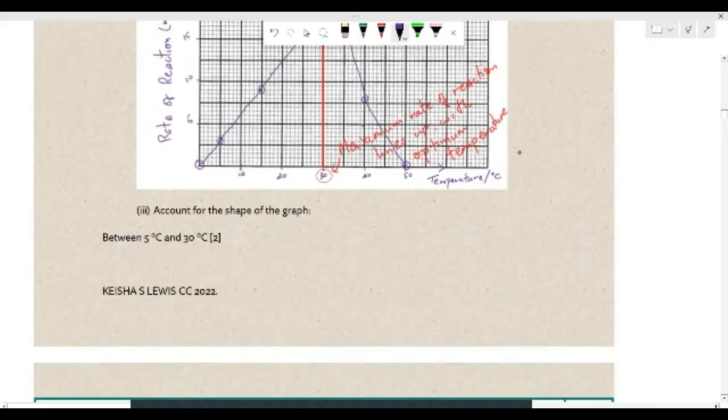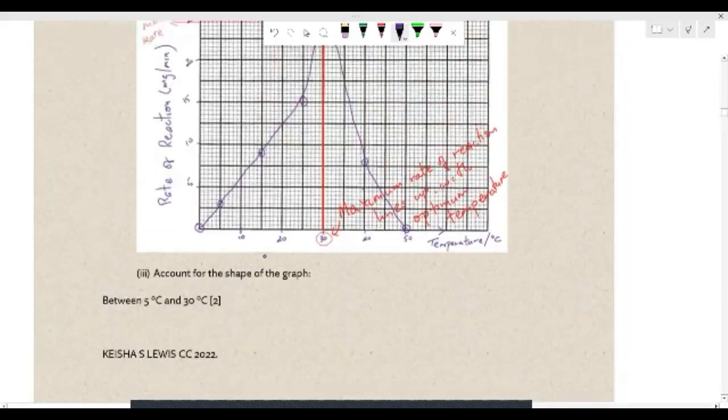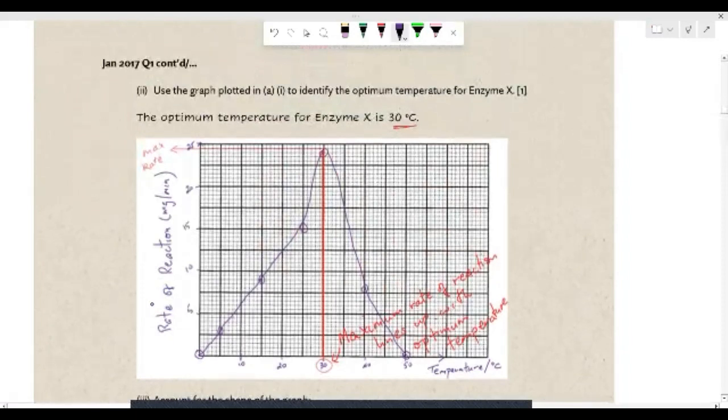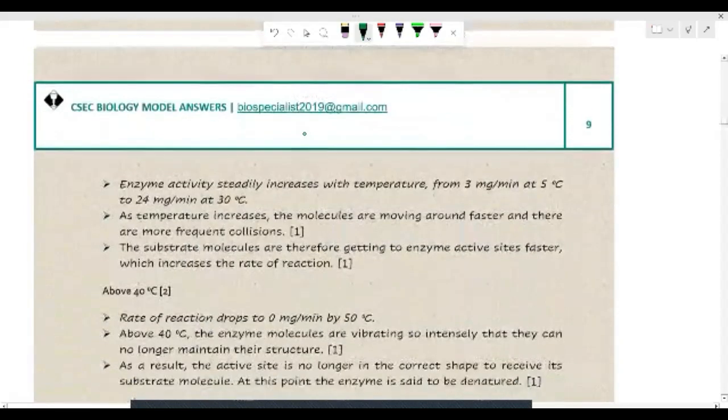Then account for the shape of the graph. So they're asking for the shape of the graph between two sets of temperatures. So first they're asking you to look at between 5 and 30 degrees Celsius. So that's between here and here, right? So basically this area here, all right? This area, okay? So let's go to, what did we say for this one?